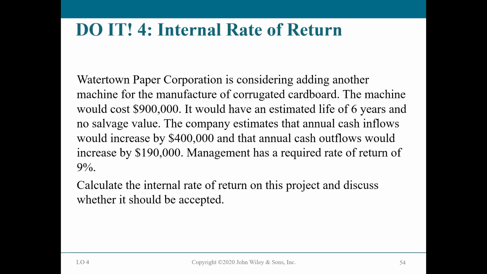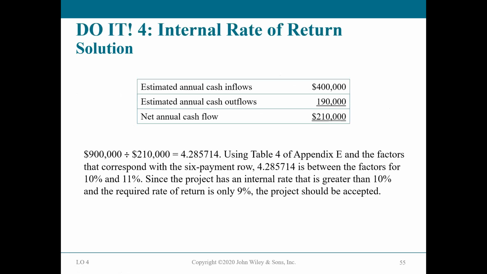So because it's equal annual net cash inflows, 400 less 190, we can actually just look up in the table based on the investment divided by the net annual cash flow. So 400 less 190 is 210. 900 investment divided by the 210 is 4.28.